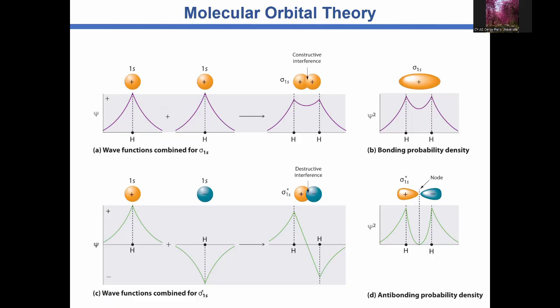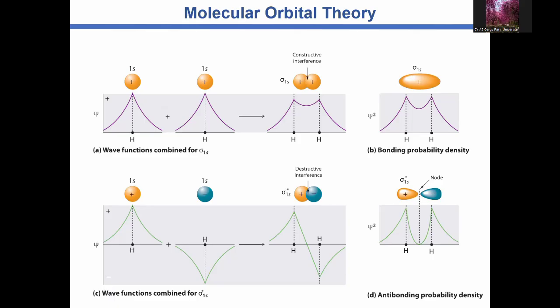When they have anti-bonding, they have destructive interference, and they have some free space between the orbitals, so their distance is too far, and they break the bond.